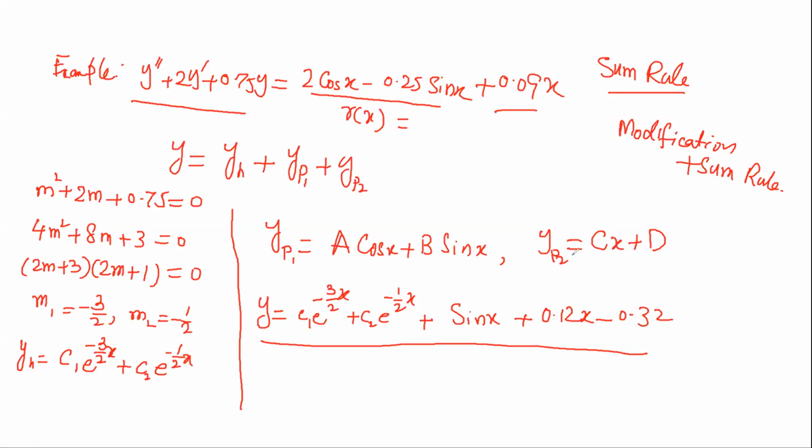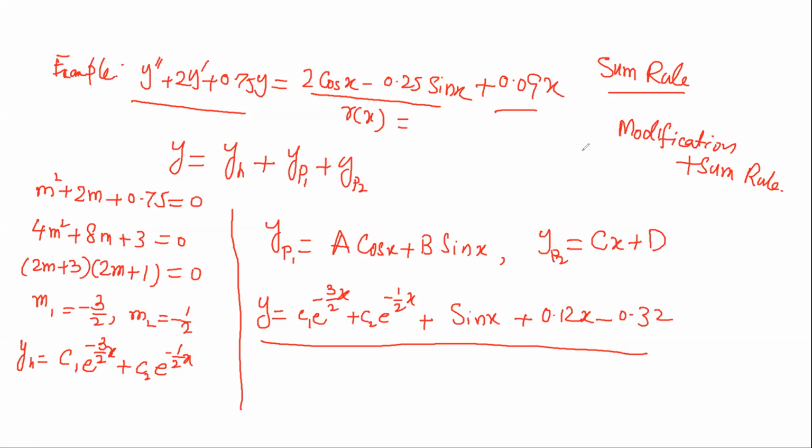Can someone...? No, I said it will be multiplied by x only. Yeah, if there is a double root, then that will be multiplied by x square. If there is a single root, then it will be multiplied by x only.